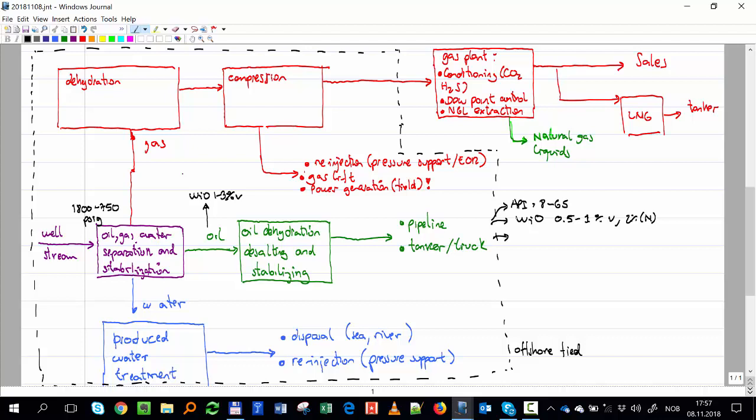So you use the vapor pressure, which you have probably heard before. If you're in a tanker or a truck, you have to be at least below 11 psia, the vapor pressure, which is the vapor pressure of the fluid at a given temperature. Usually temperatures are around 38 Celsius.